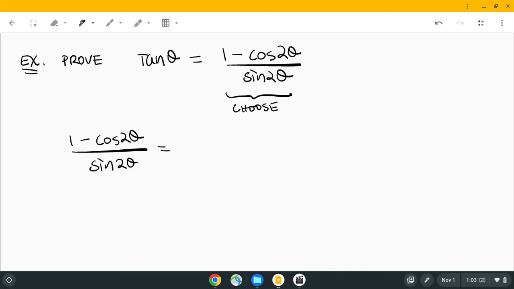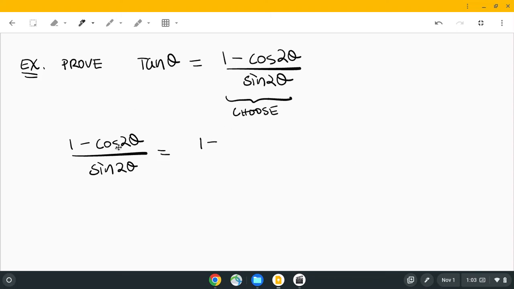Then I'm going to use my double angle on the cosine, and my double angle formula for the sine. I have 3 options for the cosine one. Since I want to end up with tangent, I'm going to use the one that has sines, because tangent is sine over cosine.